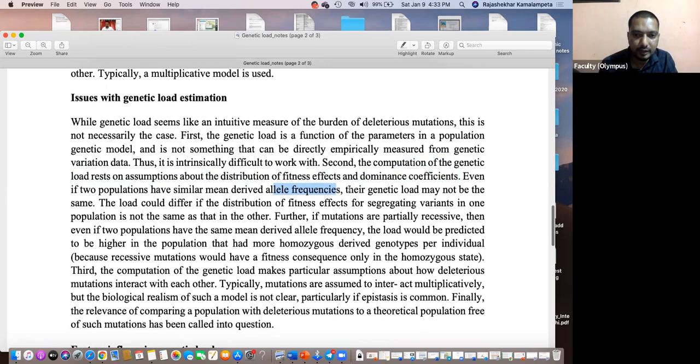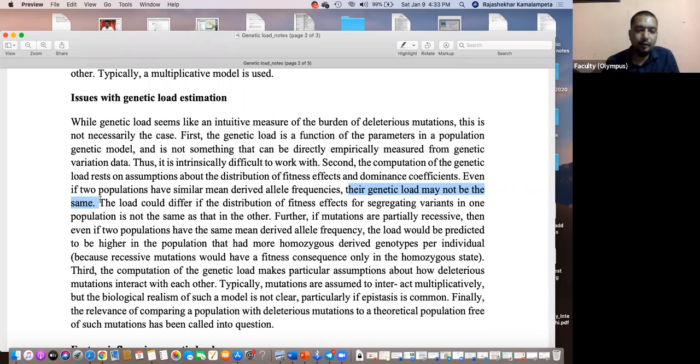So even if their fitness value derived from allelic frequencies is the same, load may vary. So they're highly variable. So you cannot come to a clear conclusion or clear comparison between two different populations because they work on certain assumptions. And although it may sound like they have the same load, that may not be the case.